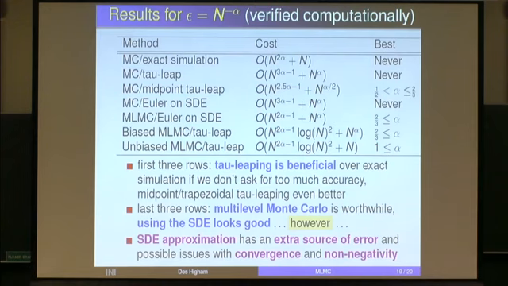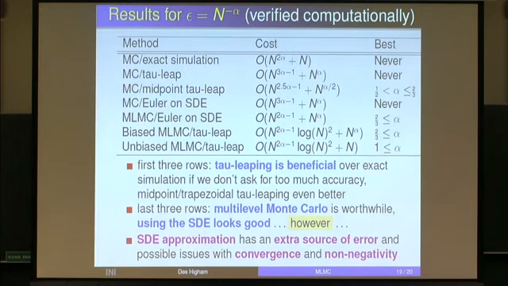This is Monte Carlo with exact simulation, or Gillespie. Monte Carlo with tau leaping, with the appropriate choice of step size to get the bias right. There's a midpoint version of tau leaping, which has higher accuracy in that h goes to 0 sense. This is Monte Carlo using Euler on the diffusion approximation, or the SDE.